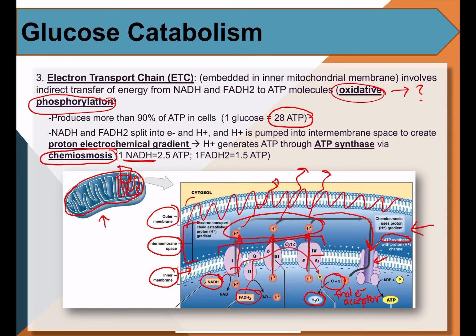One NADH will make about 2.5 molecules of ATP, whereas one FADH2 molecule will make about 1.5 molecules of ATP. So you may need to know this for the exam. Be sure to make a note of how many units of ATP you're making per molecule of NADH or FADH2.